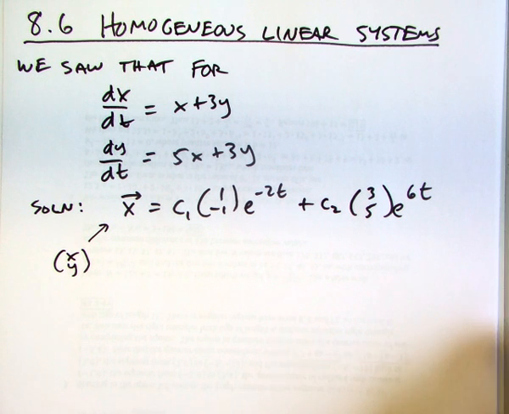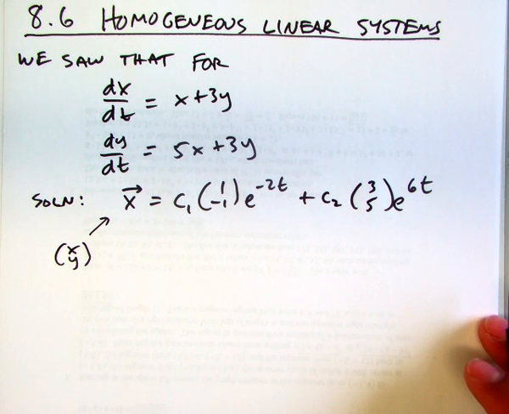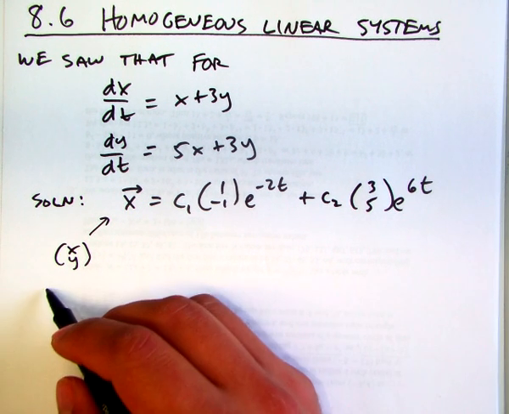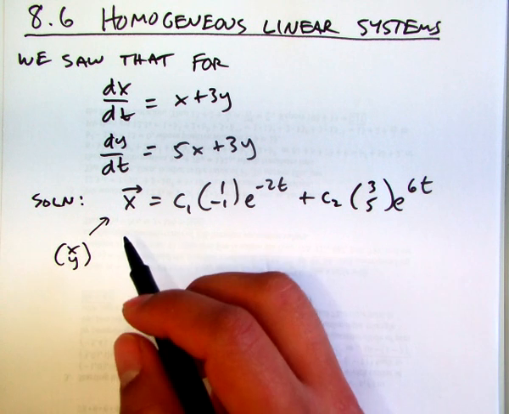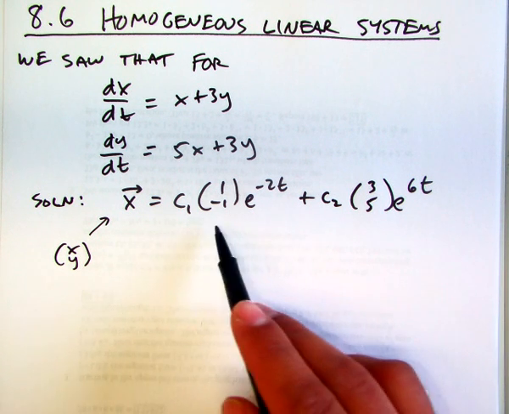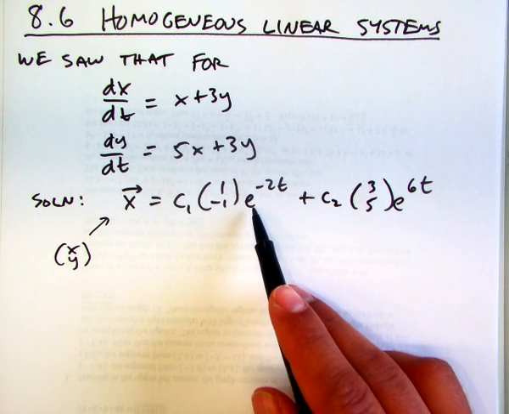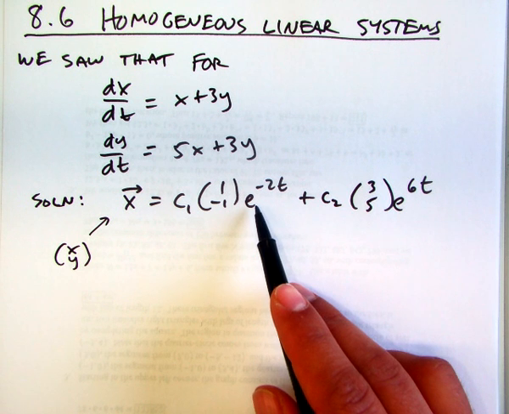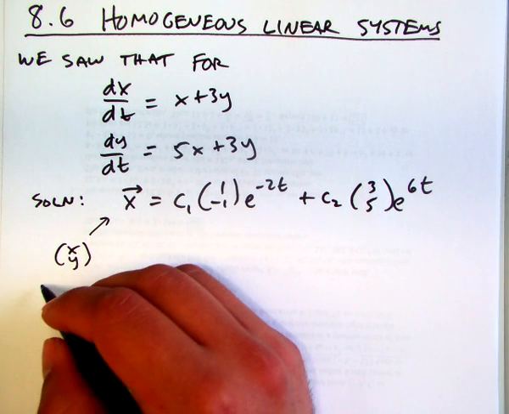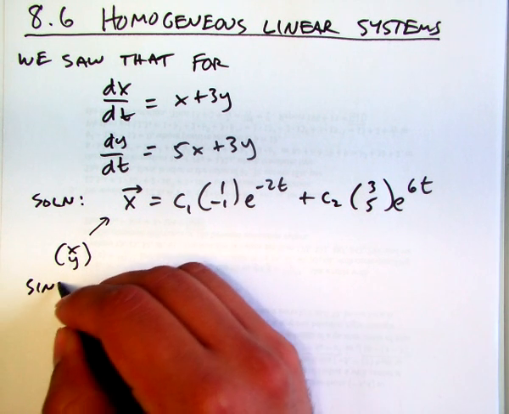Okay, so what we're going to work with is maybe the hypothesis that since both of the solution vectors had an exponential function, maybe this is the case always. So we'll see what happens.